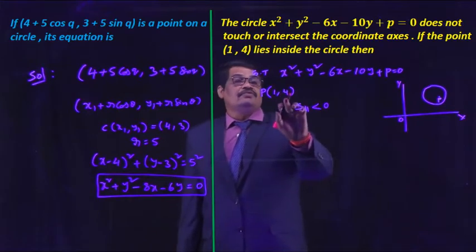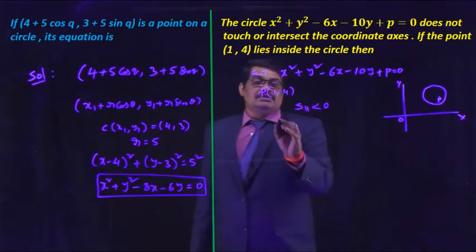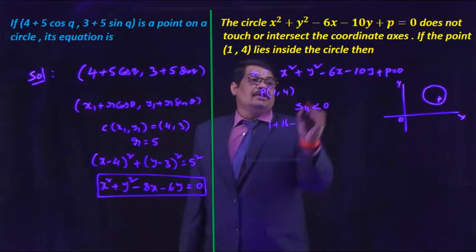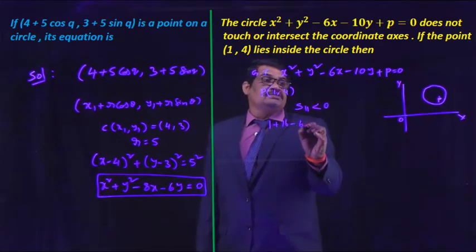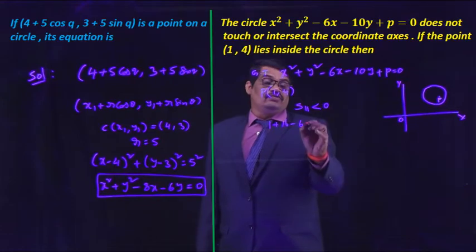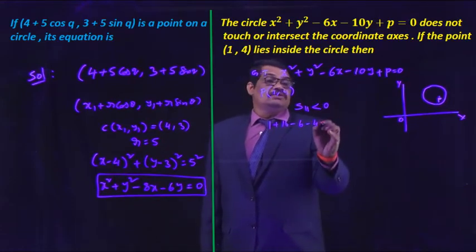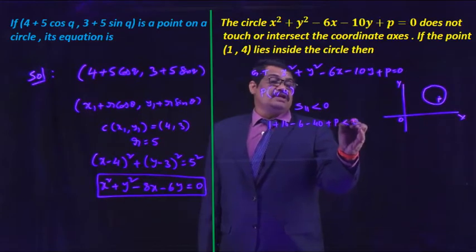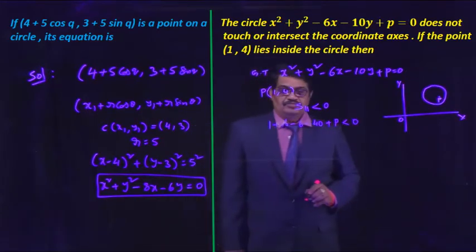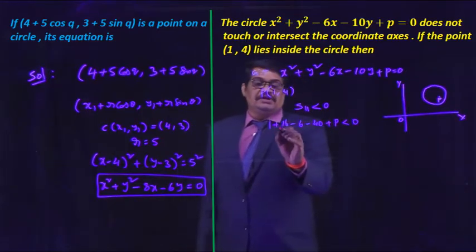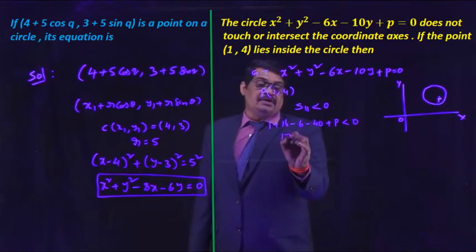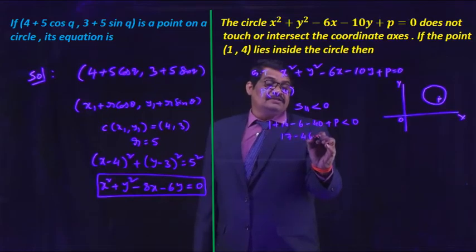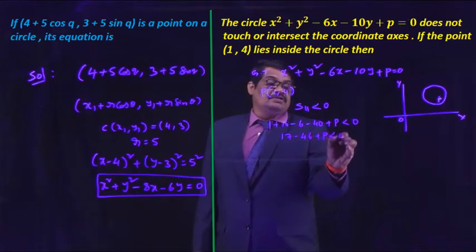Substitute 1 comma 4 in the given equation: 1 square plus 4 square, 16, minus 6 into 1, that is 6, minus 10 into 4, that is minus 40, plus p is less than 0. Here the constant is 17 minus 46 plus p is less than 0.